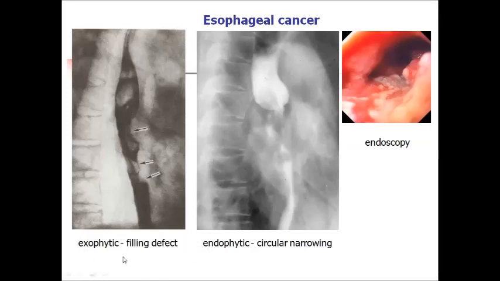Exophytic type of growth means that a malignant tumor grows into the lumen of a hollow organ, in this case in the lumen of esophagus.